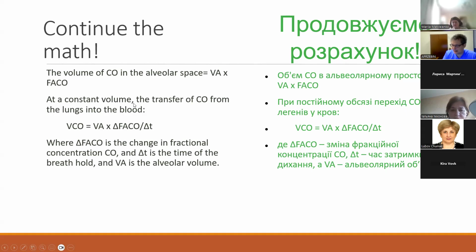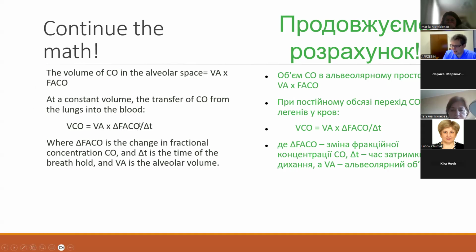And at a constant volume, the transfer of carbon monoxide from the lungs to the blood will be displayed by this, which is, there should be a dot here, but the flow of carbon monoxide is going to be equal to the alveolar volume multiplied by the change in concentration of carbon monoxide divided by the change in time, so the length of the breath hold maneuver.